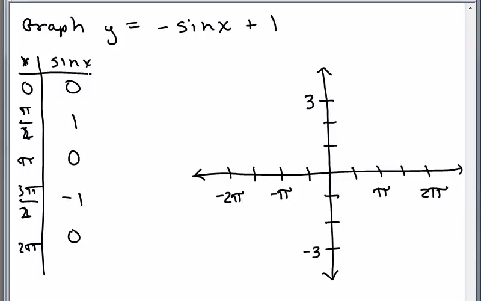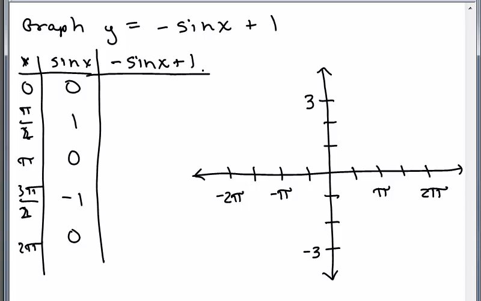All right, so we want to do not sine of x, we want to do negative sine of x plus 1. So for the sine of x, we're going to look over here and see what we have in our y value. So we've got -0 plus 1, which is just 1. We have -1 plus 1, which is just 0.